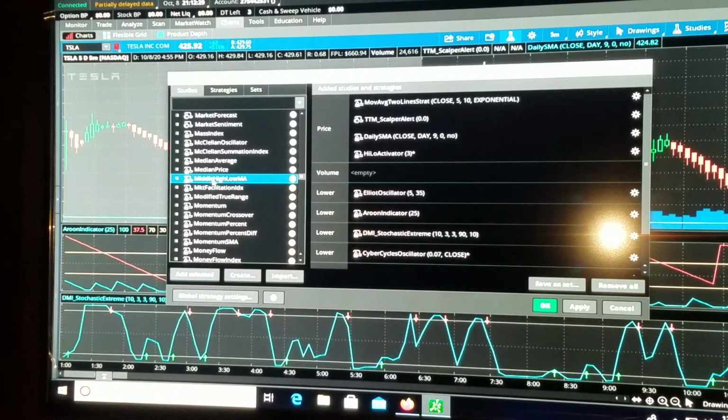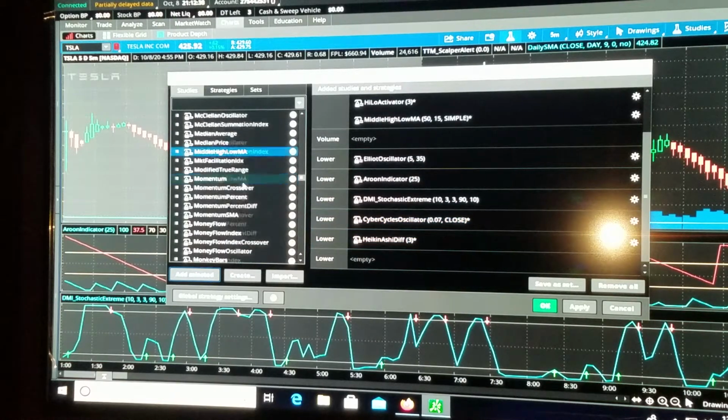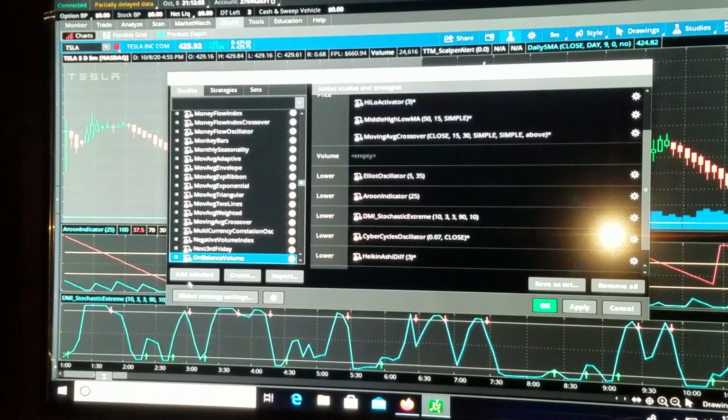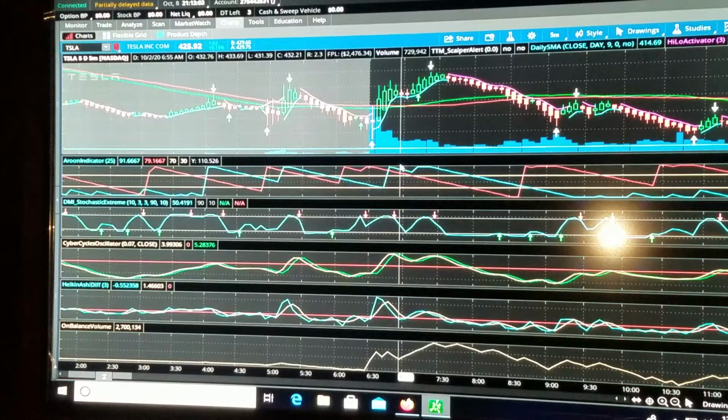Middle, high, low. Moving average. Okay, so here we go. We've got price, volume, lower, lower, lower. Exponential. Okay. Moving average crossover. Apply. Oh my goodness. Look at all that information.